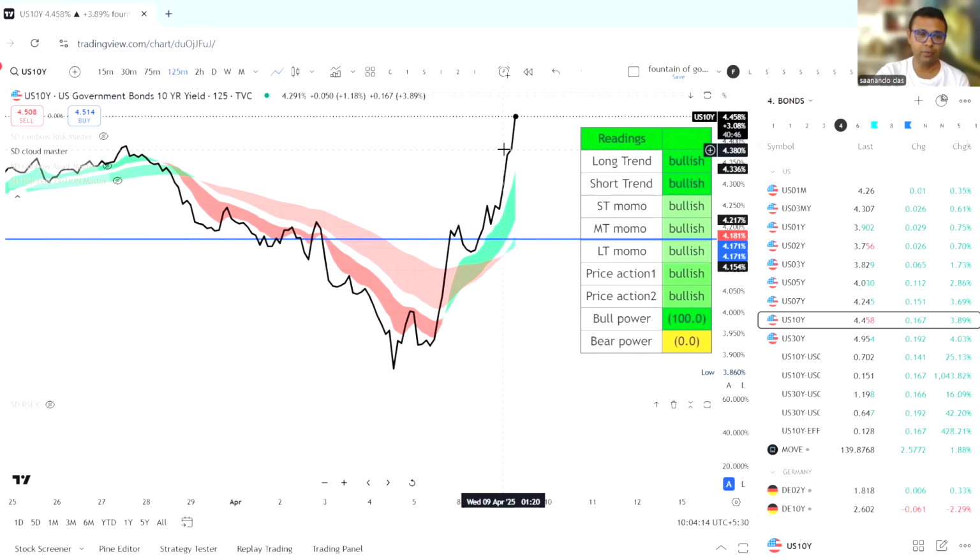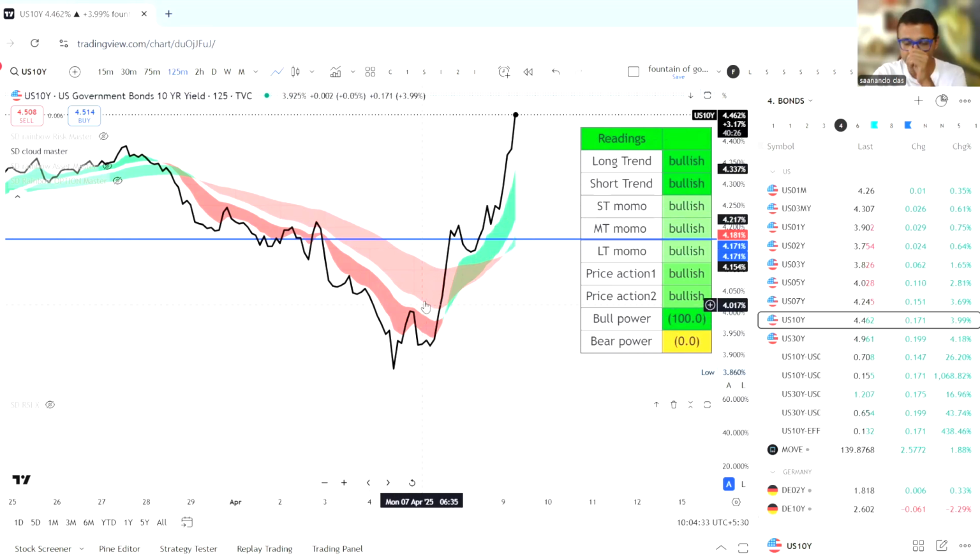Because now it is expected that China will be less of a buyer of US treasuries, and that may create a supply-demand situation, so interest rates are pushing higher. And of course, China could be offloading the treasuries as well, so that is concerning. So interest rates, the long-term interest rates, are pushing significantly higher.